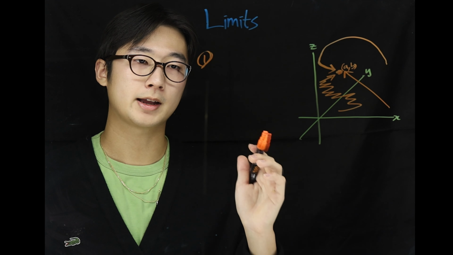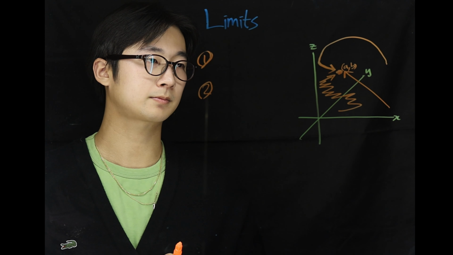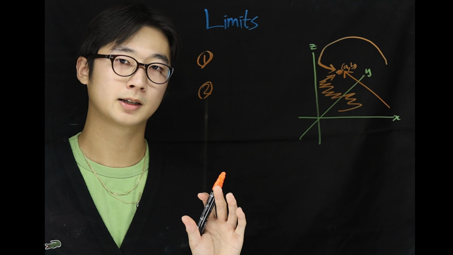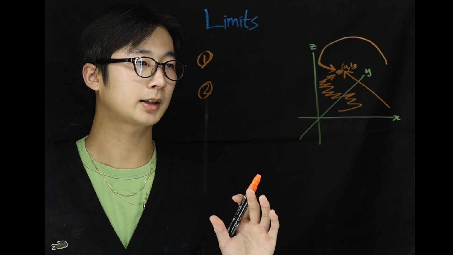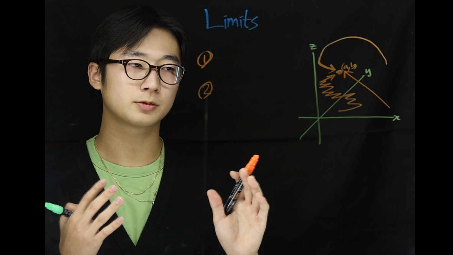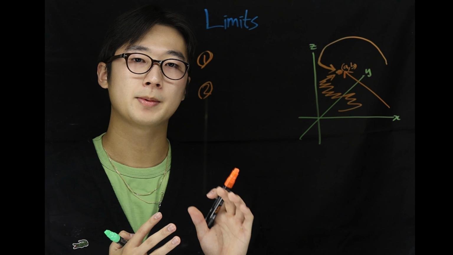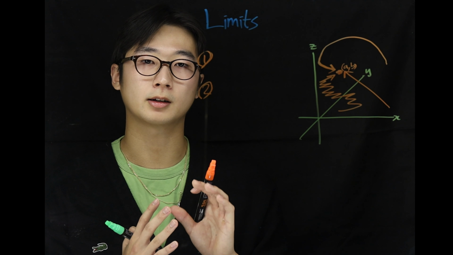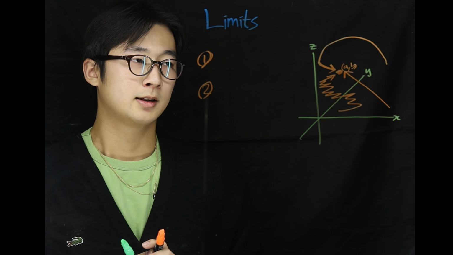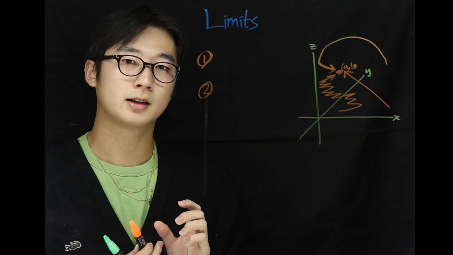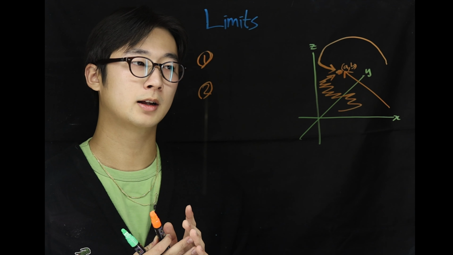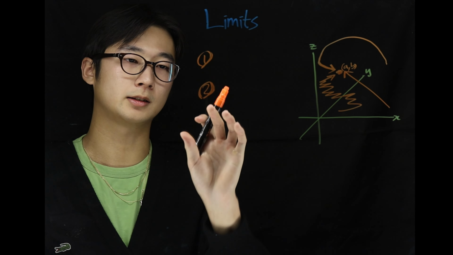And number two, to show the limit exists in 3 dimensions, you need to show that the limit is always the same regardless of the path you choose. So it's trickier to use the latter one.